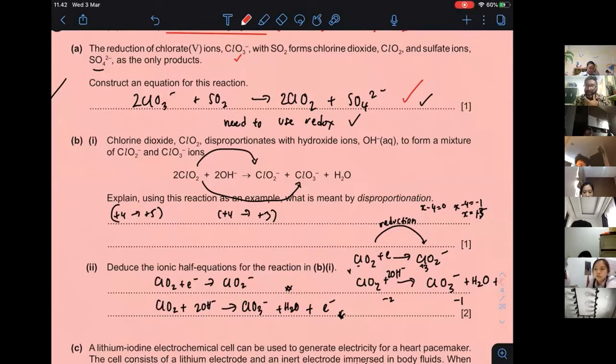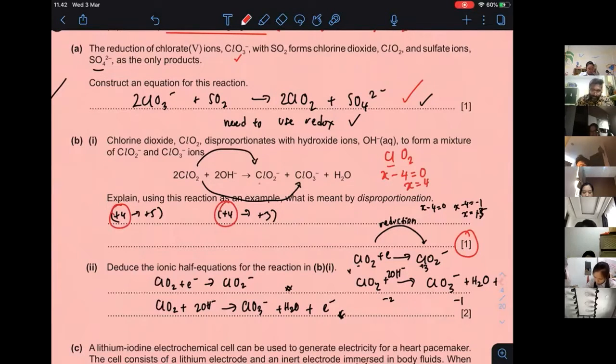So you need to calculate the oxidation number to show it, because it is not enough just to explain oxidized and reduced. Based on what you know, they are going to be oxidized and reduced, so you need to calculate the oxidation number. So let's calculate the oxidation number of Cl in ClO2. This is x, minus 4, 2 times negative 2, equals 0, so x equals 4.